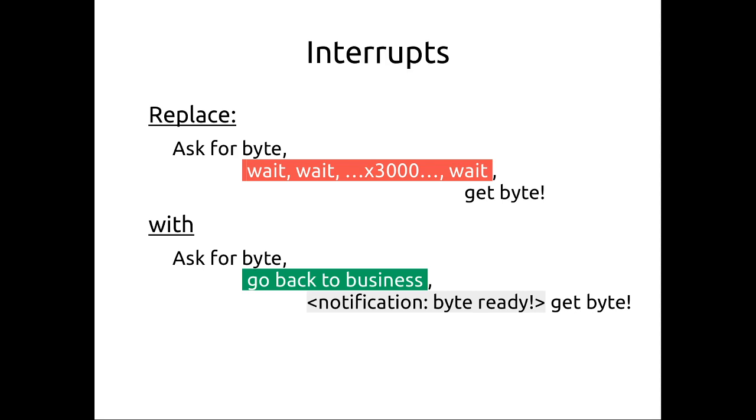We want to replace that very, very slow operation with asking for a byte, saying that we would like the byte at some point in the future, going back to business, going back to running our applications, doing 3,000 times the amount of useful work at user level running an application, and then when the data is actually available, getting a notification that says the byte is ready.